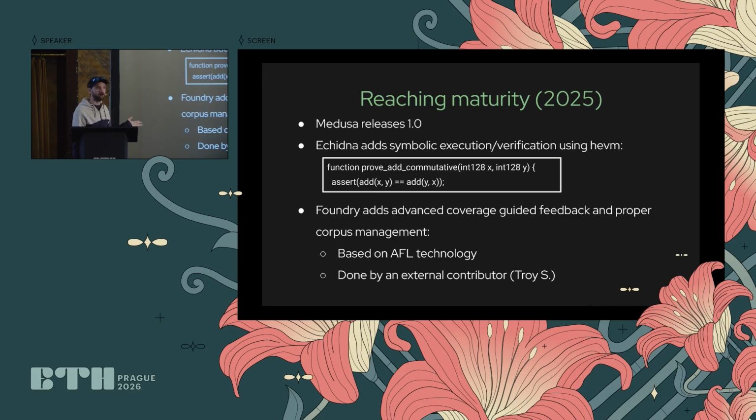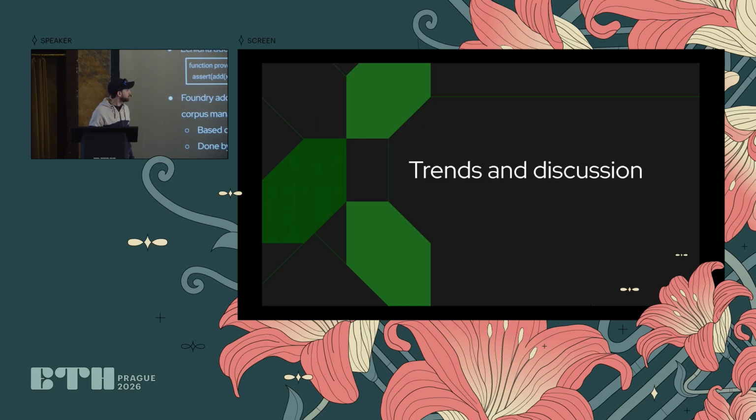I don't think he's here, but shout out to him for contributing to Foundry, which is such a great feature. And okay, so this is a short speed run on how tools developed in the latest year.